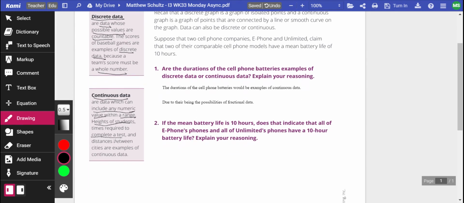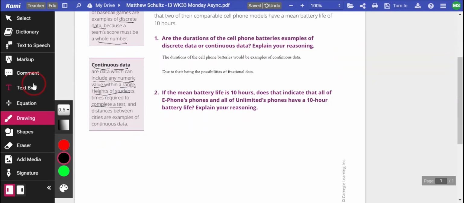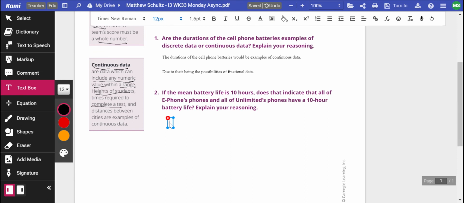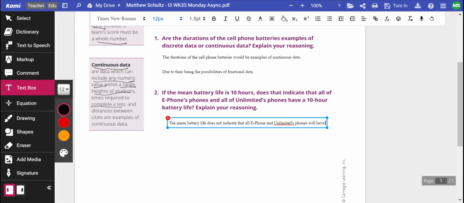All right, last one. If the mean battery life is 10 hours, does that indicate that all of your ePhones and all the Unlimited phones have a 10-hour battery life? No. The mean battery life does not indicate that all ePhone and Unlimited phones will have a 10-hour battery life.